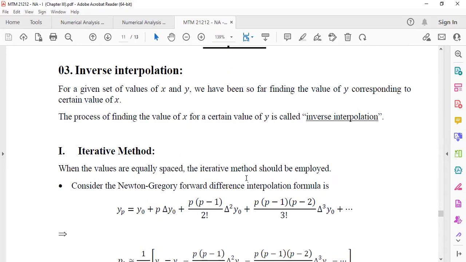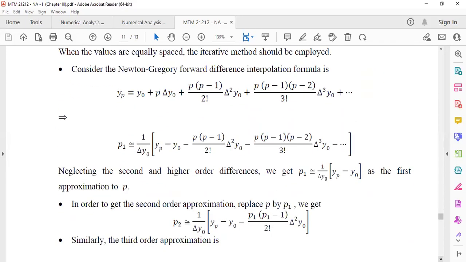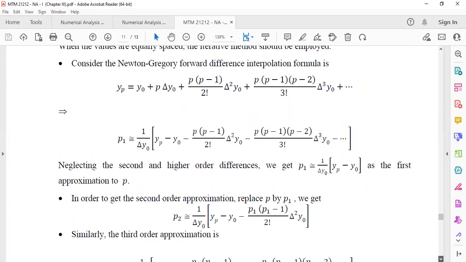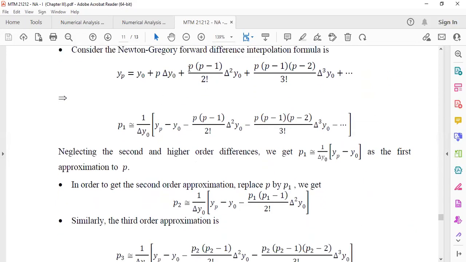I showed you how we can transform our Newton-Gregory formula to our desired iterative formula.